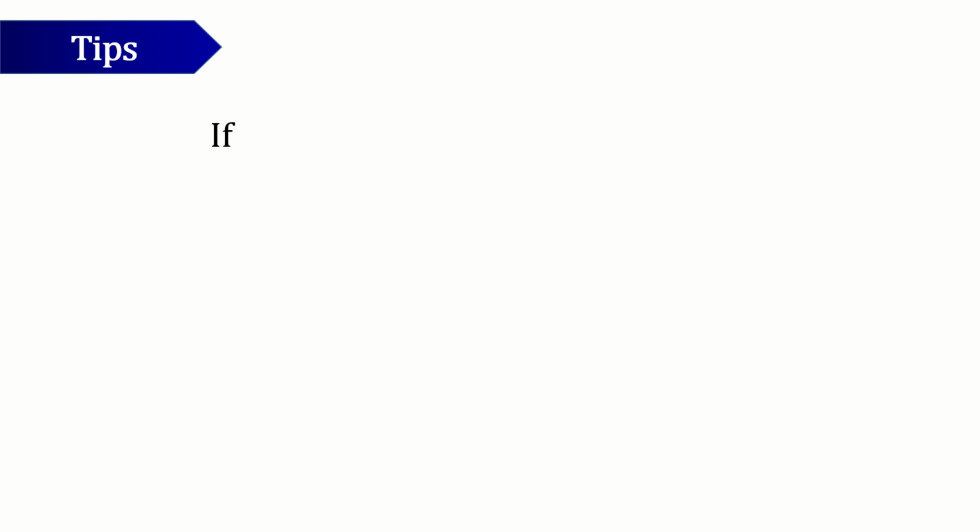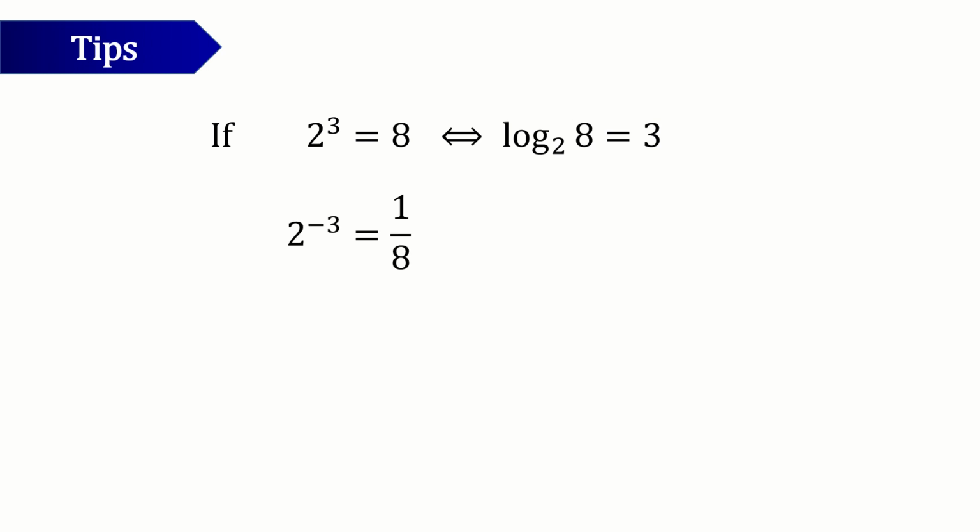Tips. If 2 to the power of 3 equals 8, we know that the logarithm form is log base 2 of 8 equals 3. 2 to the power of negative 3 is 1 over 8, so in logarithm form, that is log base 2 of 1 over 8 equals negative 3.